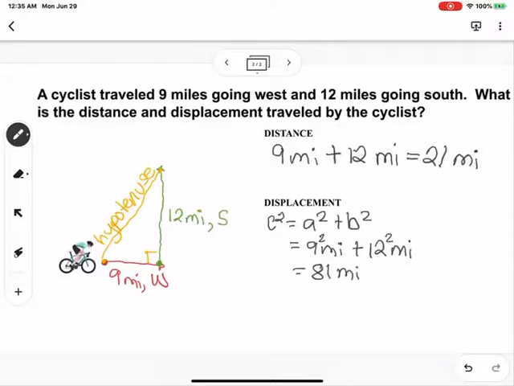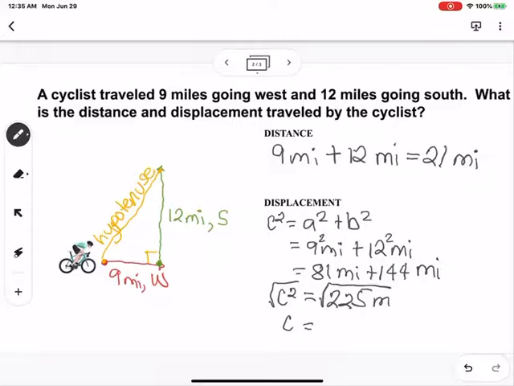And then you have 12 squared, which gives you 144 miles. Adding these two, you will have 225 miles. This is equal to c squared. So to undo this square, you get the square root of both sides. So the square root of c squared is c.